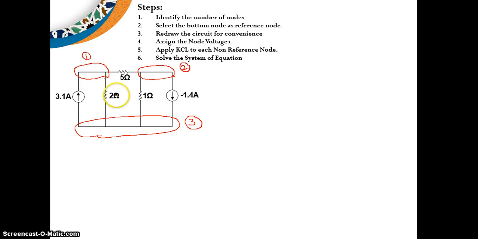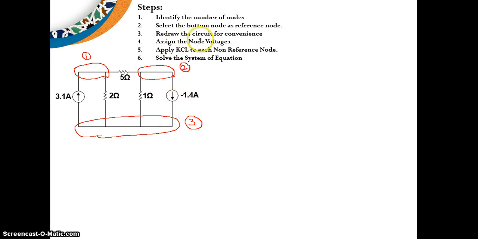Because all the nodal voltages we write are with respect to the reference node, which is assumed to be at 0 voltage. So the 2 steps are finished: identified the number of nodes, there are 3 nodes, and selected the bottom node, node 3, as the reference node.